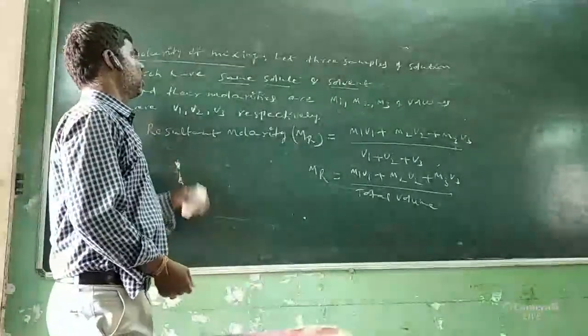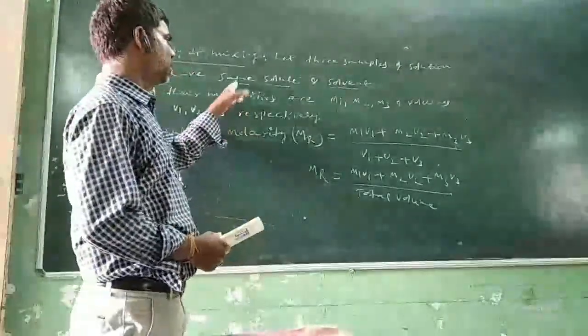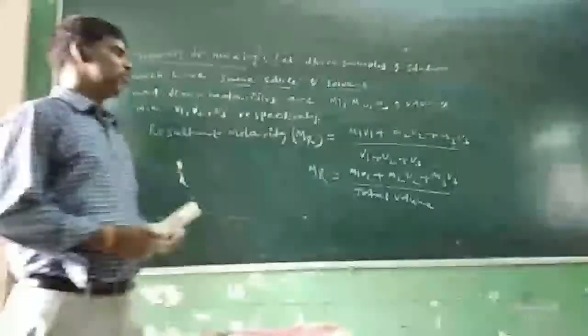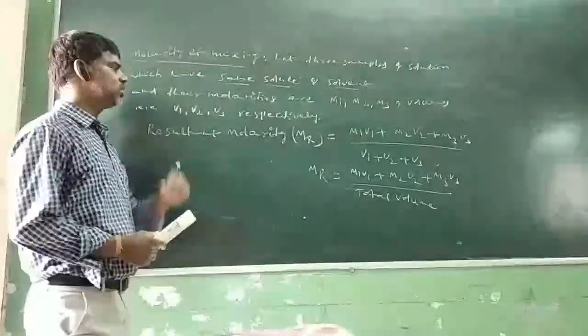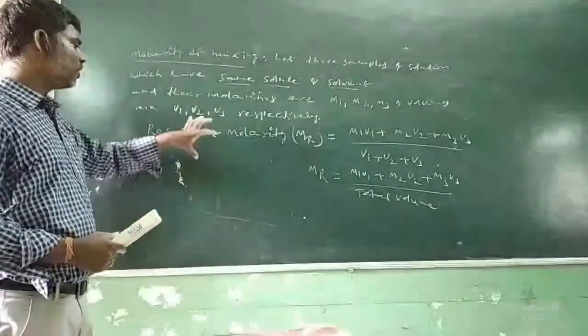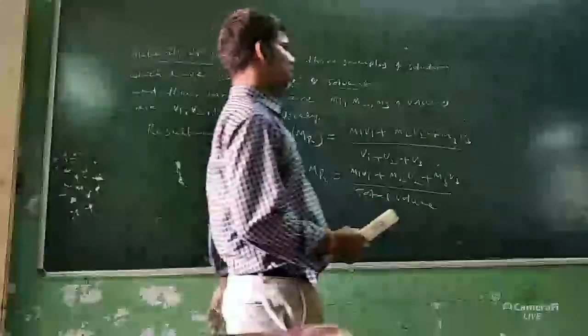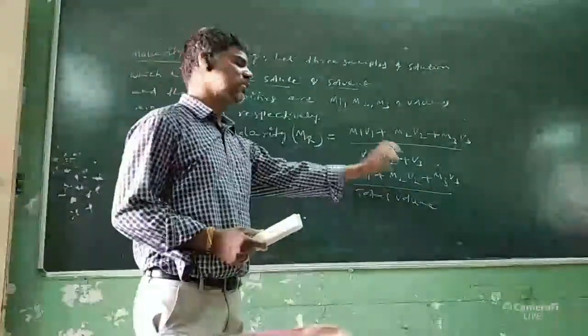So that is the molarity of mixing. Like we take 3 sample solutions which have the same solute and solvent, and the molarities are M1, M2 and M3, and the volumes are V1, V2, V3 respectively. Then the resultant molarity MR is equal to M1 V1 plus M2 V2 plus M3 V3 by V1 plus V2 plus V3.